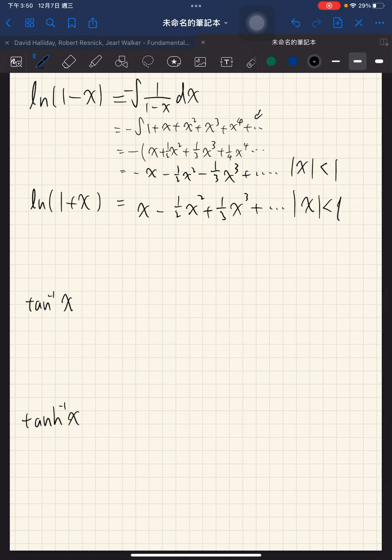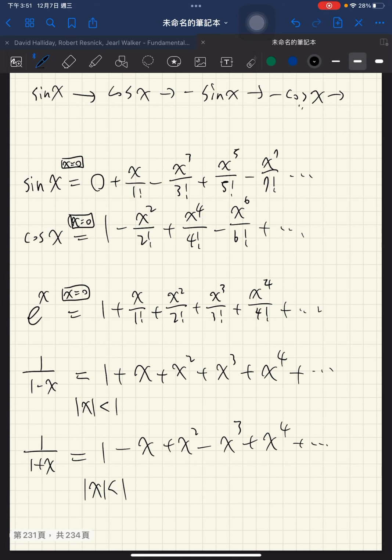Then arctan of x is done the same way. We'll get 1 over 1 plus x squared. You may wonder, there's no 1 over 1 plus x squared in this slide, but as you can see here, we can just plug in negative x squared.